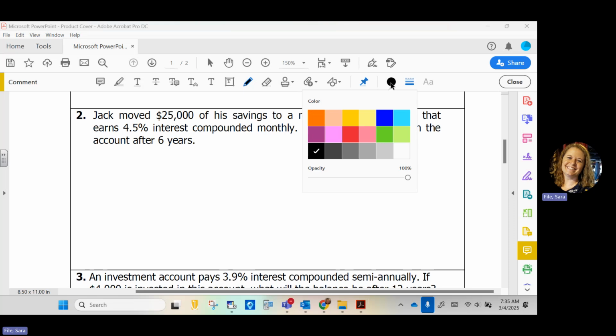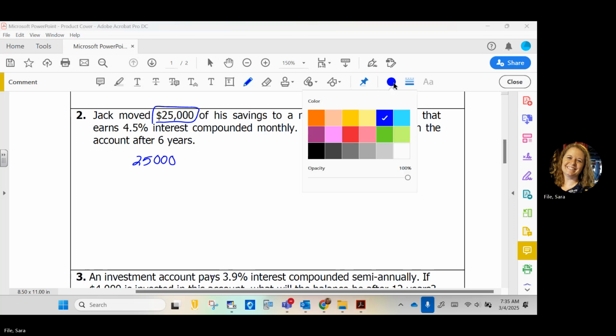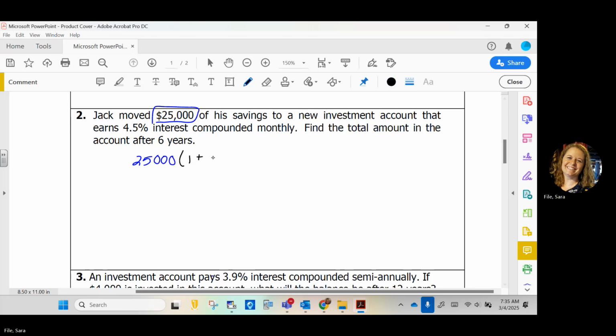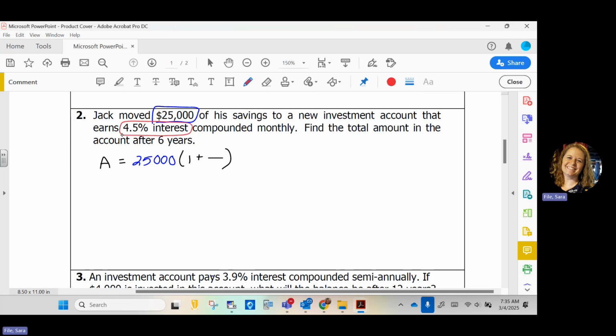Okay, so what is the principal? 25,000. That's what he's initially investing. All right, and then let's see, his rate is 4.5%. What's that going to be as a decimal?